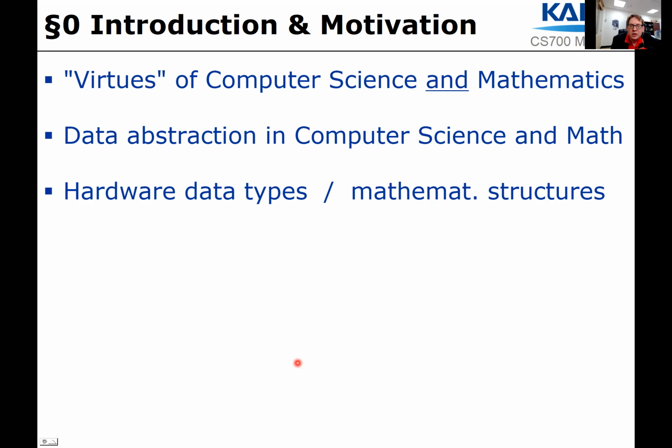Then we considered the discrepancies between hardware data types and mathematical structures and which of these discrepancies have been removed. For example, mathematical integers versus bytes, and mathematical integers coinciding with bignum, and mathematical real numbers different from floating point numbers. And the content of this lecture, or part of this lecture, is about making mathematical real numbers agree with computer science data types.